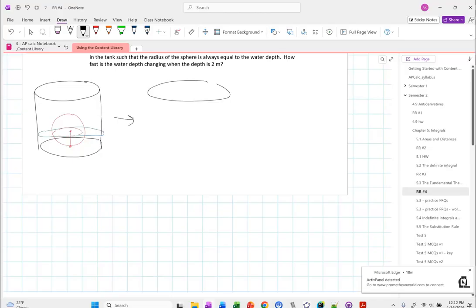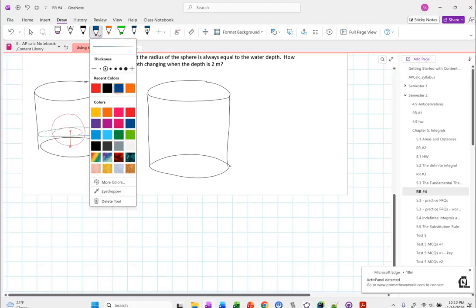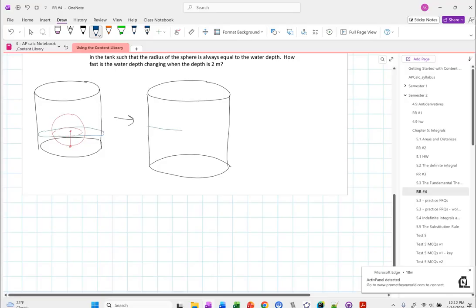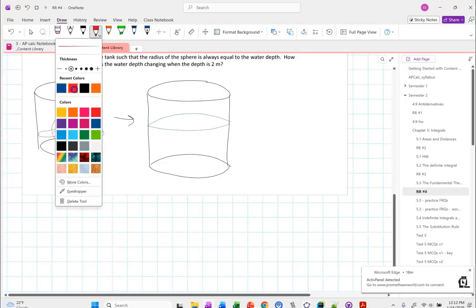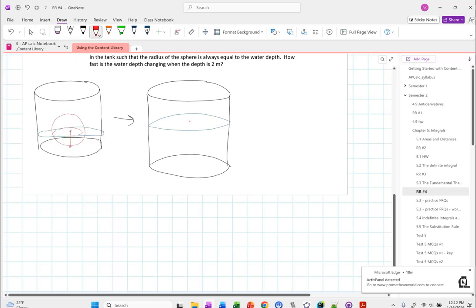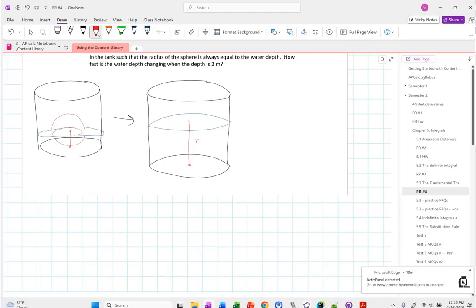And what's happening here, it's too big, do this. Yeah. And now I've drawn it too high.